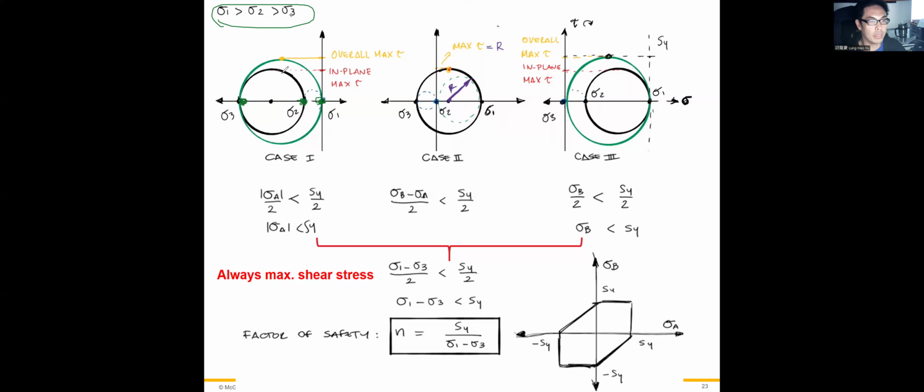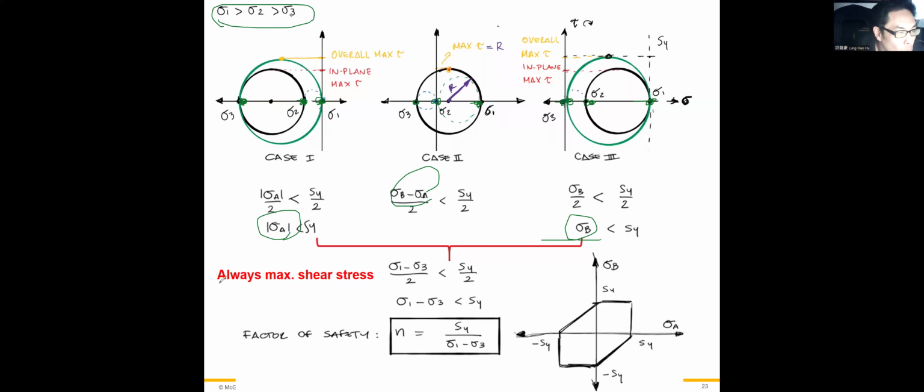The same for the second case: sigma 1, sigma 2, and sigma 3. So we just change the symbols A, B to 1, 2, 3.